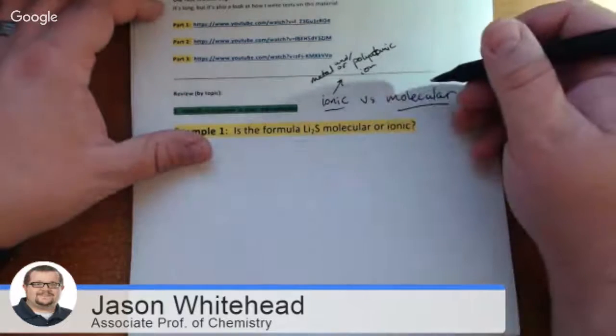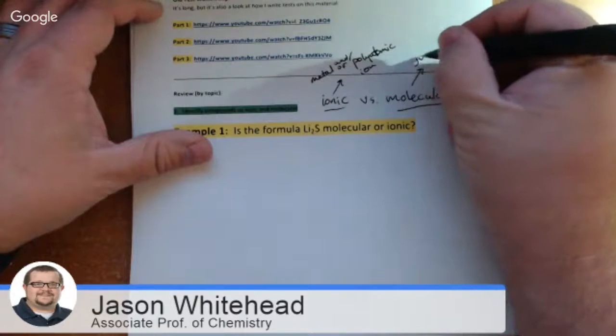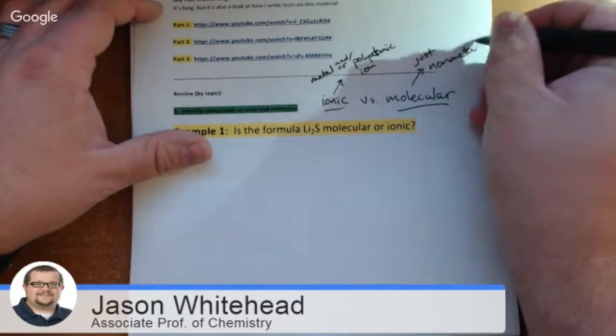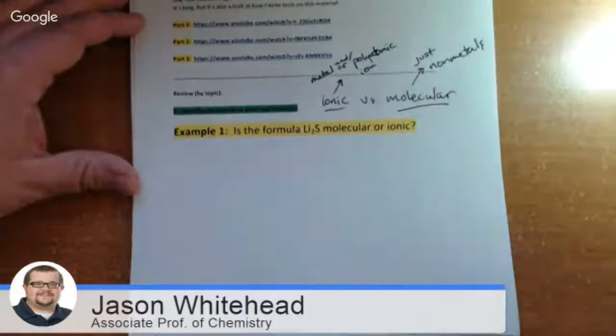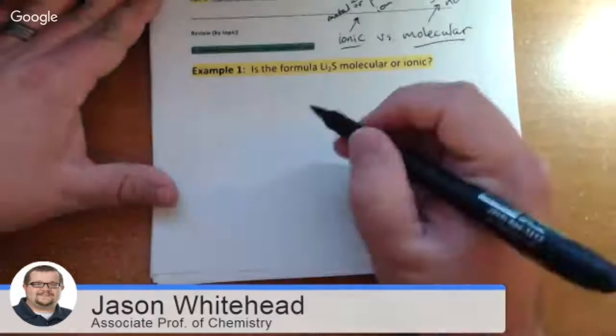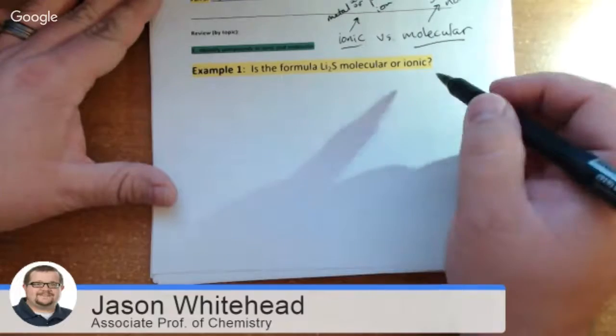The other half to this is a molecular compound. Molecular compounds are just going to contain nonmetals. So when it comes to identifying our first example here, it says, is the formula Li2S molecular or ionic?